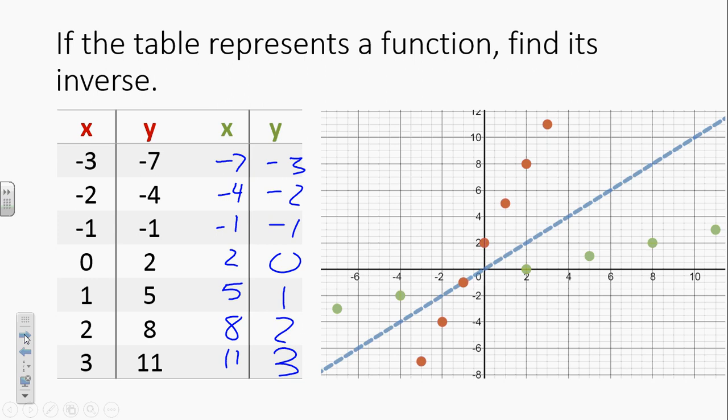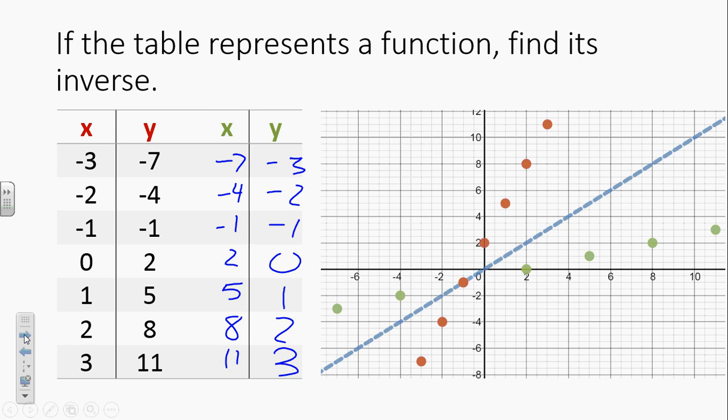What's going on with them? If you look at a graph and you need to decide if two functions are inverses of each other or not, what are you looking for? Slope. So what would our slope be here?